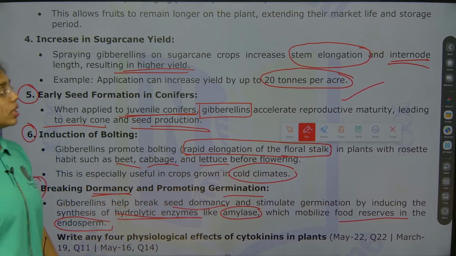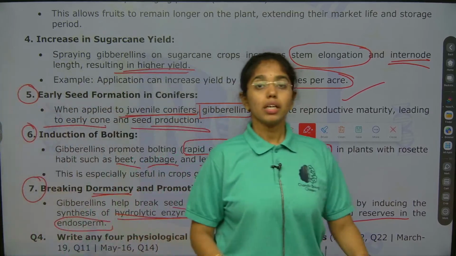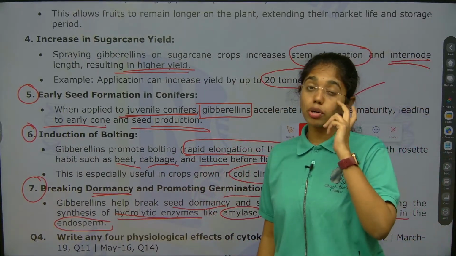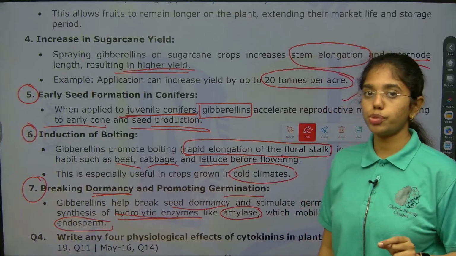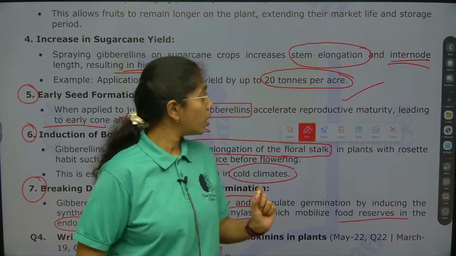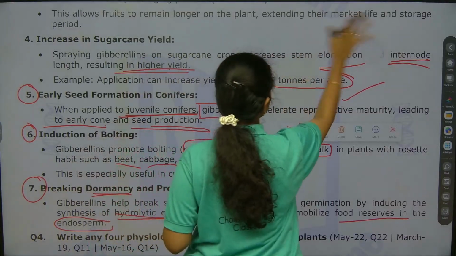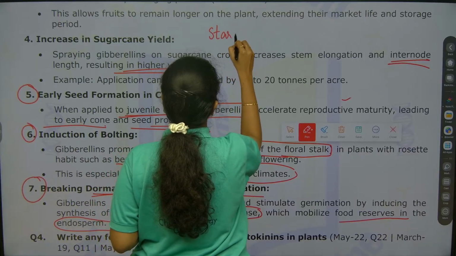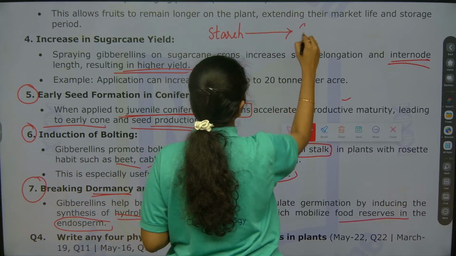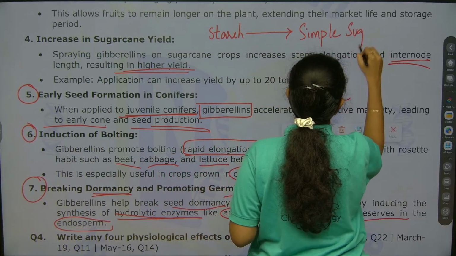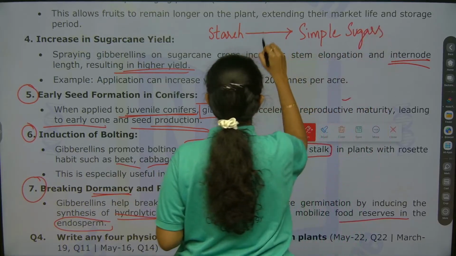Gibberellins will promote seed germination. During seed germination, in the starchy endosperm, starch is present. Starch should be simplified to simple sugars by the enzyme amylase.